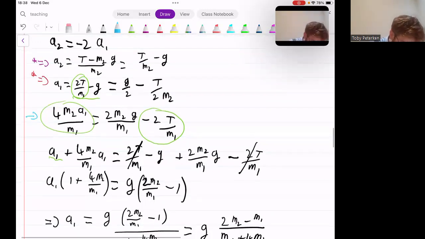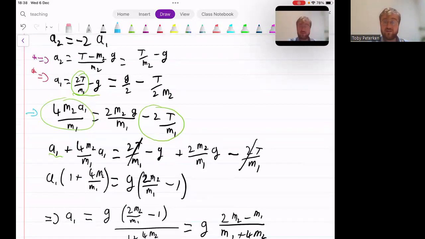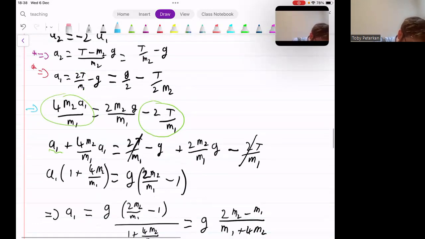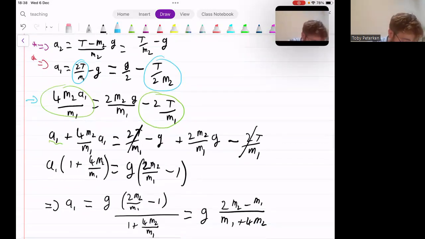What I wanted to do was find a way to make the tension cancel, to find a quantity where this term and whatever happens with this term could cancel. So we see that if I times this here by 4M2 over M1, I get minus 2T over M1, which is exactly what I would need for it to cancel the term with the tension on the other side.